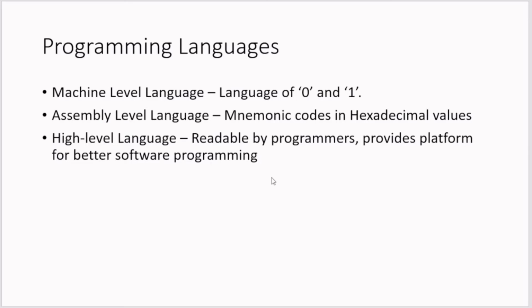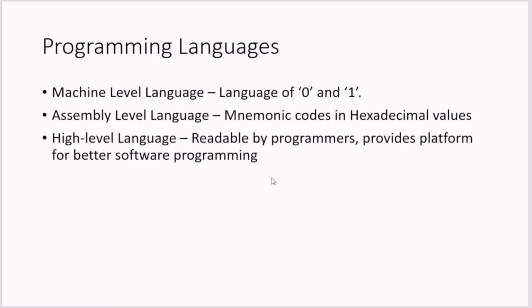Again, we will cover hexadecimal values later when I'm covering binary electronics, because that's the main part of conversion of decimal into hexadecimal, or BCD coding, or binary coding. Mnemonic codes are hard to remember, so they cover a little bit bigger programs than machine level language, but still not practical anymore.